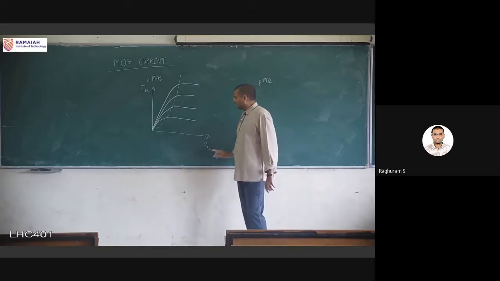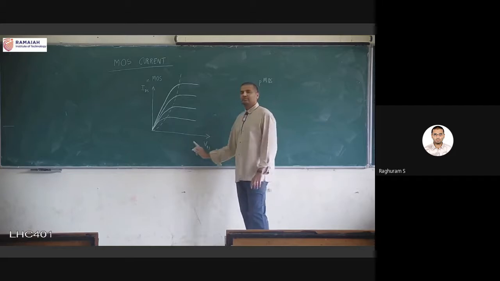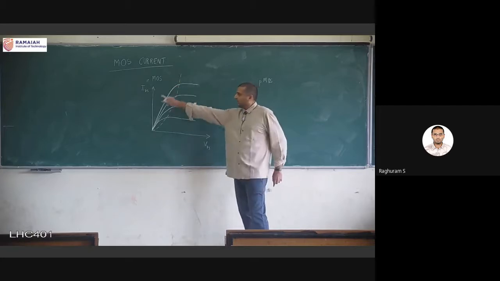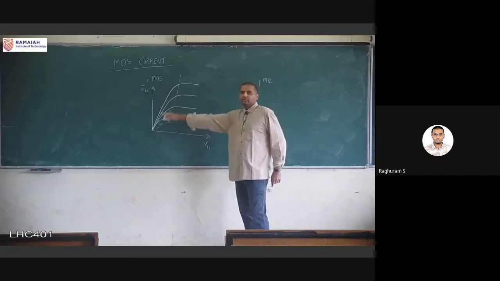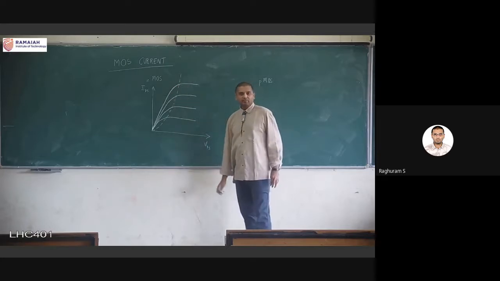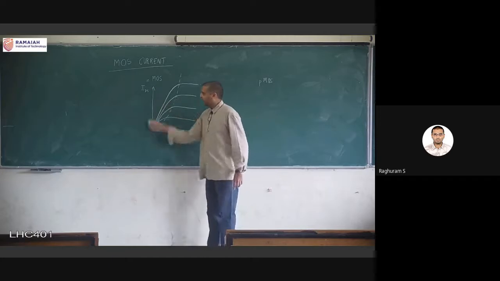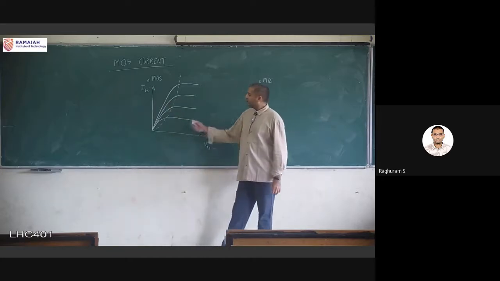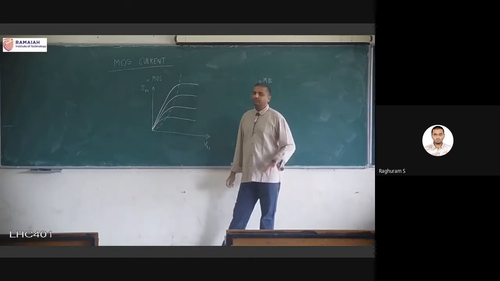The x-axis is the drain source voltage VDS, and the dependent variable, based on this VDS, we can calculate the current, which is IDS, that is the y-axis. I have drawn multiple curves, so this is a family of curves, it is not just one curve.